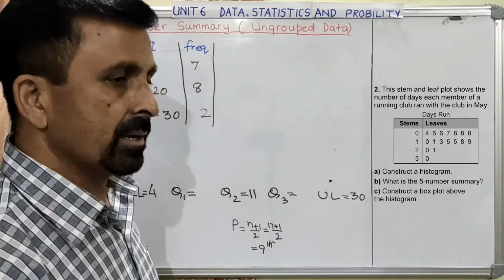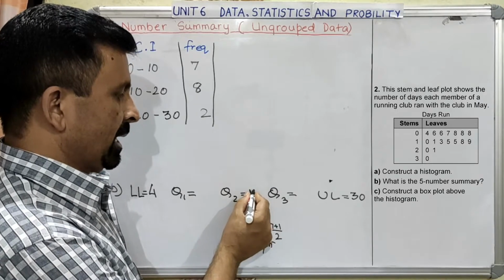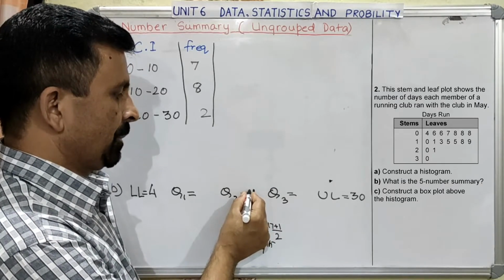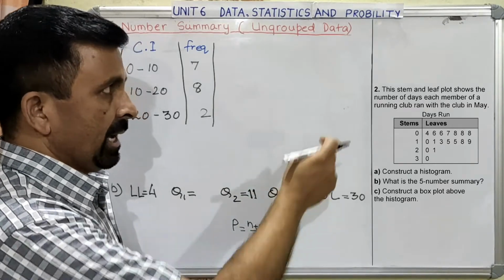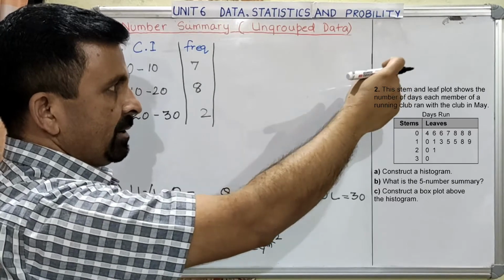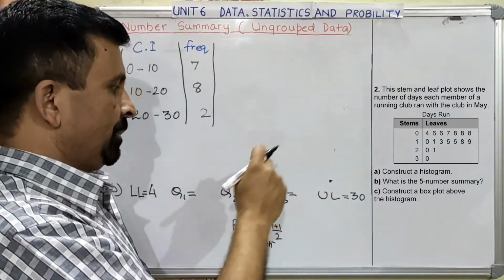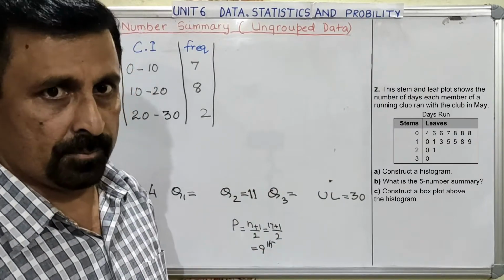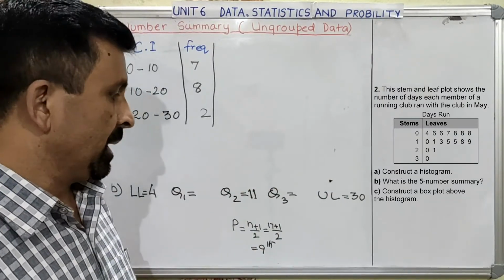You calculated Q2. I don't know whether I made it clear or not. How this 11 came: after finding the position, from the first leaf we started counting, and we reached the 9th leaf, and that 9th leaf with the stem will give you your Q2. Is this okay? Now this is done.